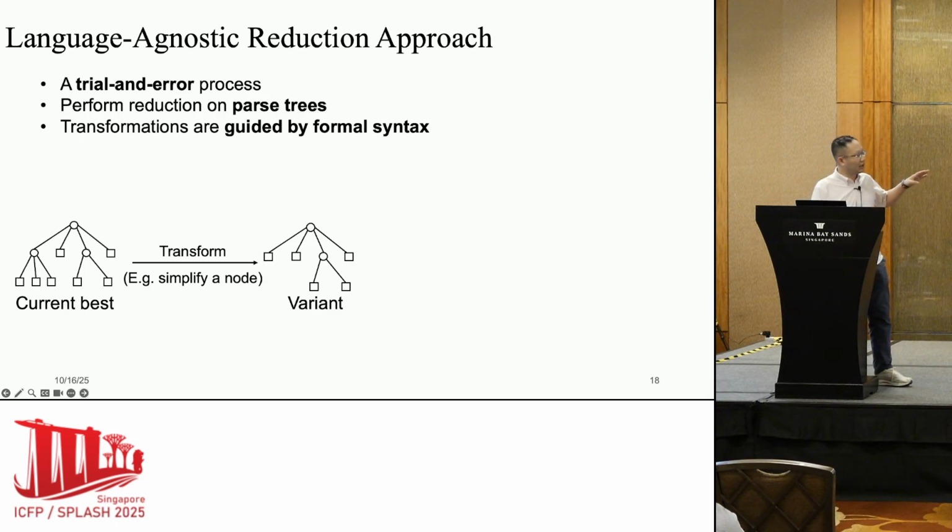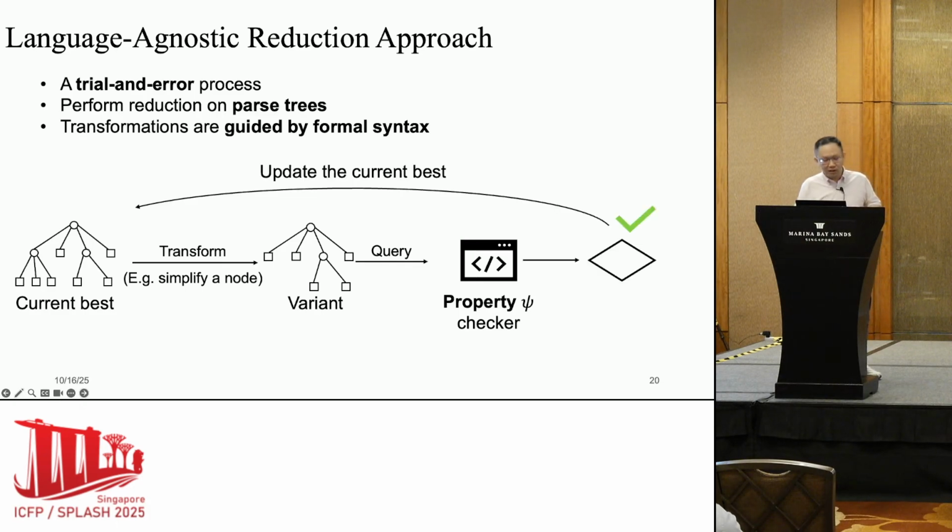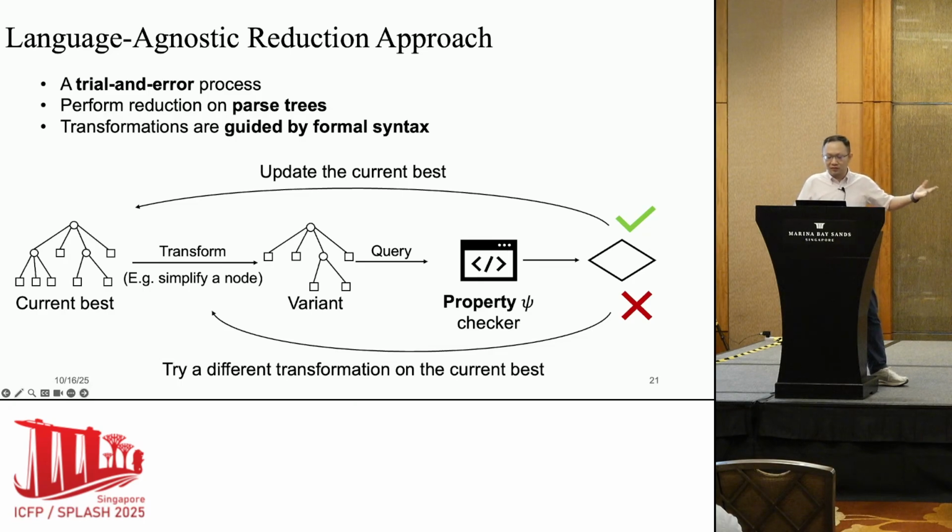Given a current best minimum program, in each iteration, we produce a variant using some program transformations, and then we check whether it still has that property. If yes, we update the current best and do the iteration again and again. Otherwise, if it does not have this property, we apply a different transformation and generate a new variant.